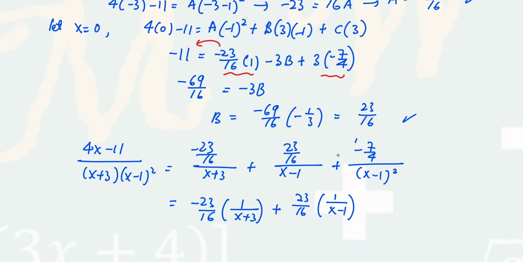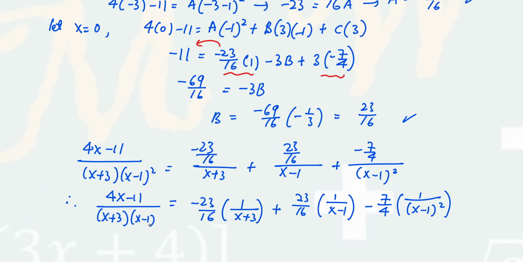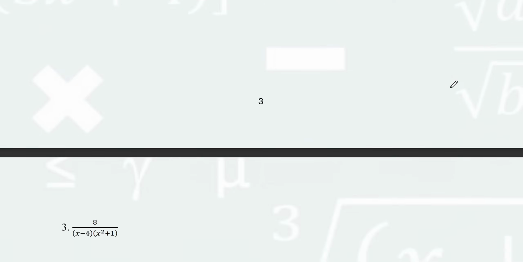And the third term, this minus and plus combined together becomes minus. So minus 7 over 4 times 1 over square of x minus 1. So this will be my partial fractions. Okay, done for this question.